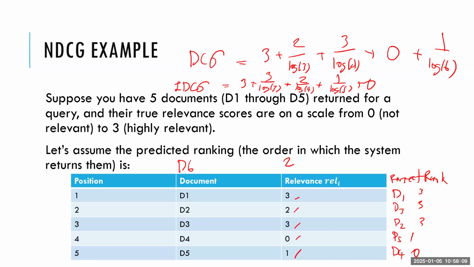We only care about the results that we get and compare them to the best possible ranking. So it compares the prediction with the best possible ranking based on the result of the prediction.